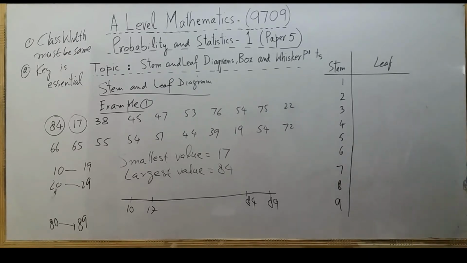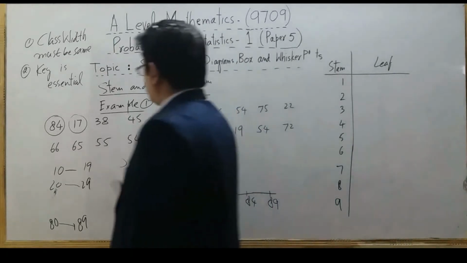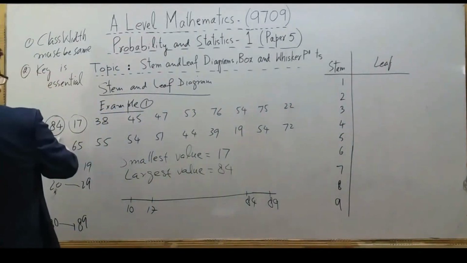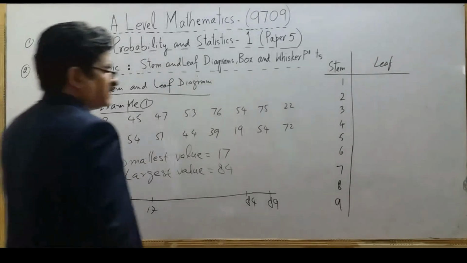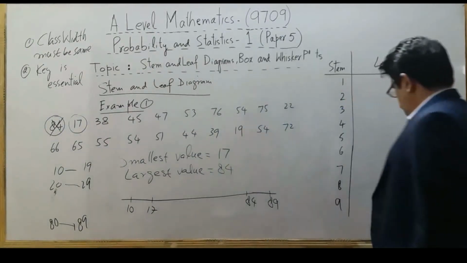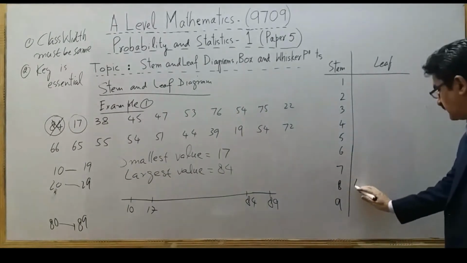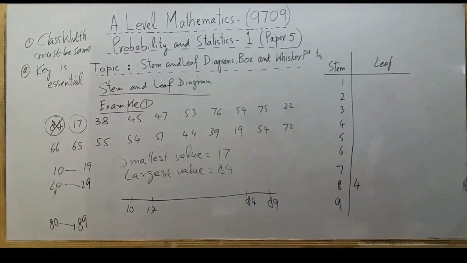Now in the exam, to save time and not make mistakes, I am telling you the method. You start from the first value and move row wise or column wise. I move column wise. So 84, I cross it. 84 will lie over here, and 4 will be the leaf.